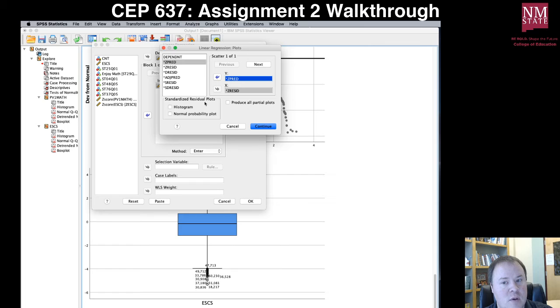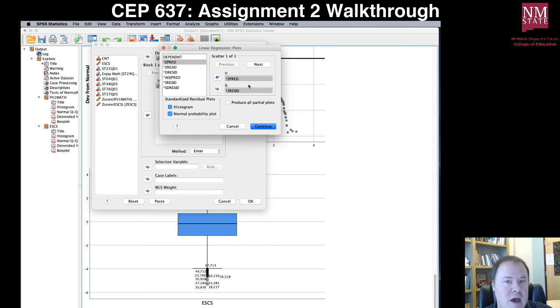We also, in this box here, want to see the histogram and the normal probability plot for the standardized residuals so that we can tell if the residuals are normally distributed. So this is to check if there's normal distribution of the residuals. This is to examine the relationship between the residuals and the outcome measure.